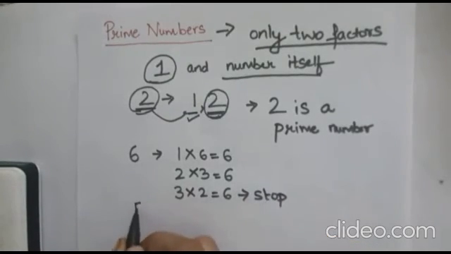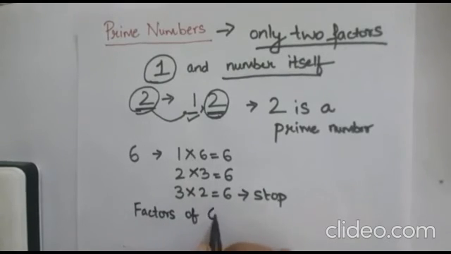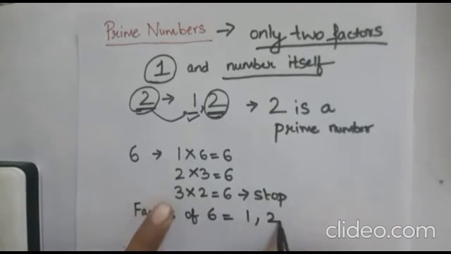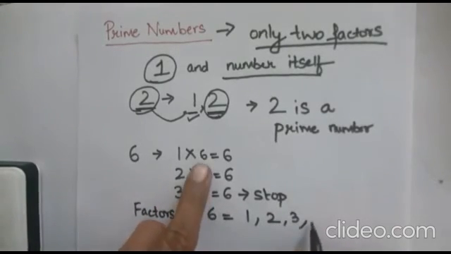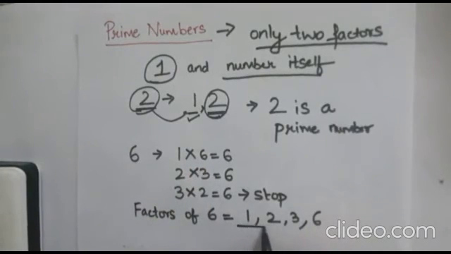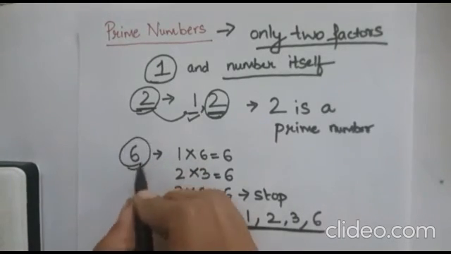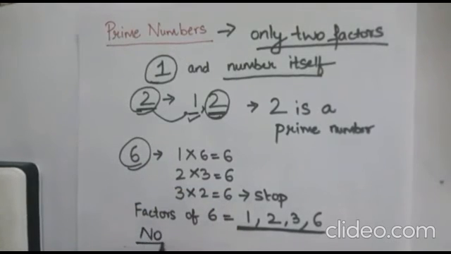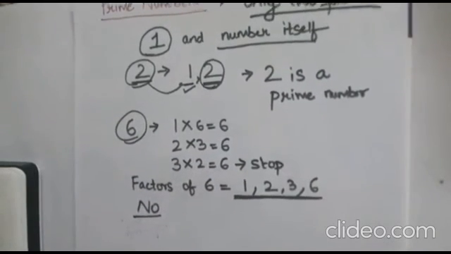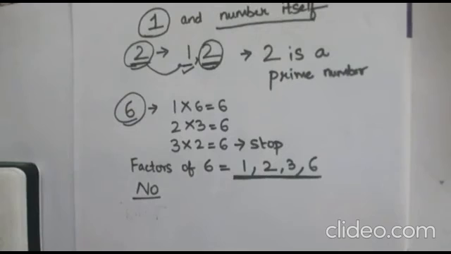Now what are the factors of 6? That is 1, 2, 3, then 6. So how many factors are there? There are 4 factors. So will this number be a prime number? No. Why? Because it has 4 factors.